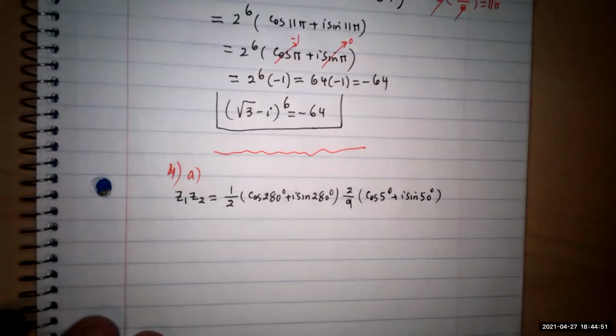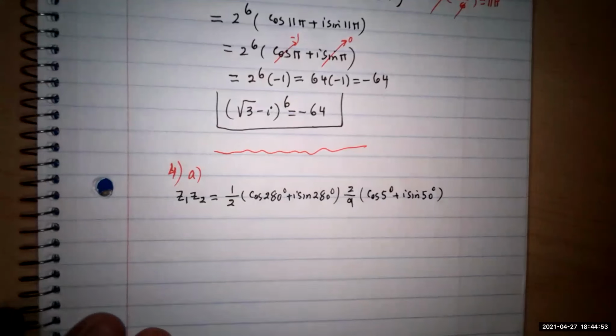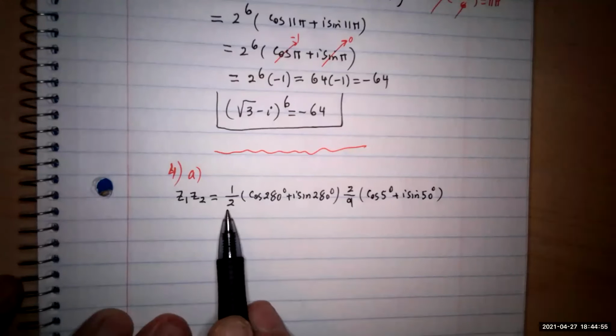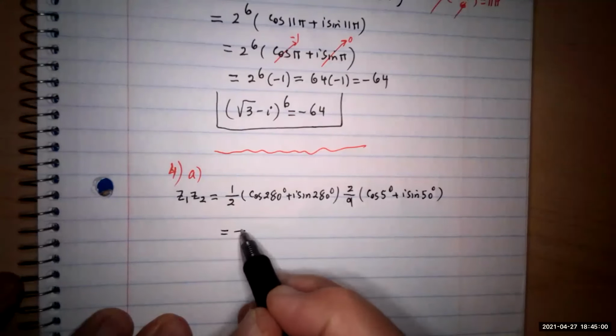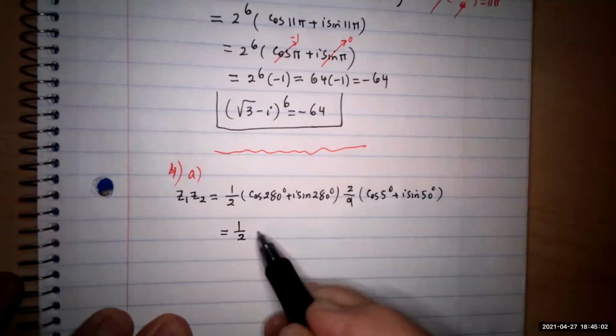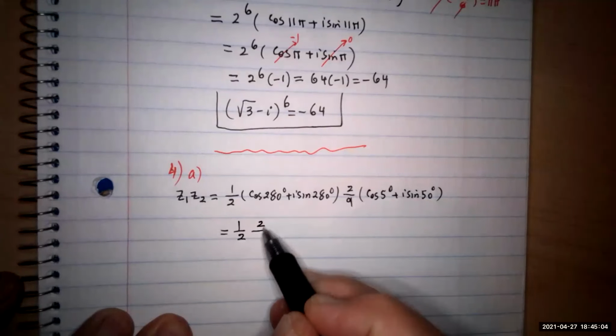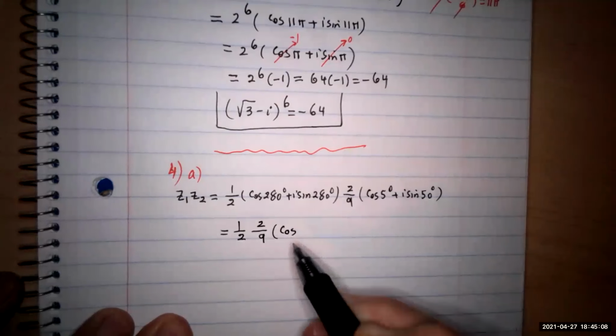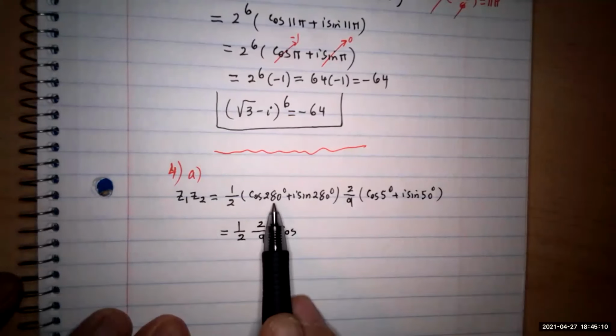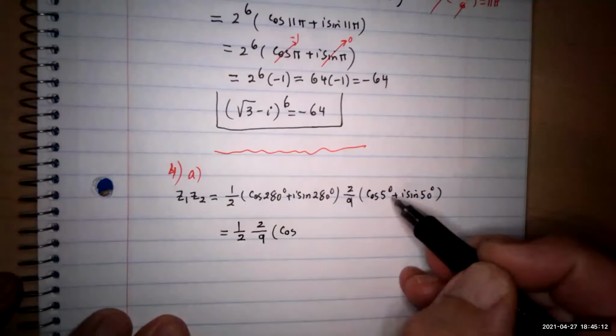This is multiplication in polar form, and this is the way we do it quickly. We multiply these two numbers together, so it's half times 29, and the CIS, add the angles, 280 and 50.